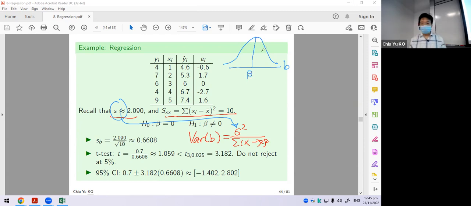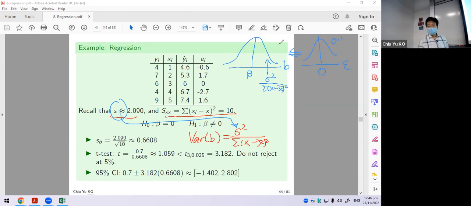The bell curve comes from the fact that we make an assumption that the epsilons are bell-shaped. Remember, this is the assumption here. This is where sigma square comes in. And the variance is actually sigma square over the sum of squares, so that is the sigma square.